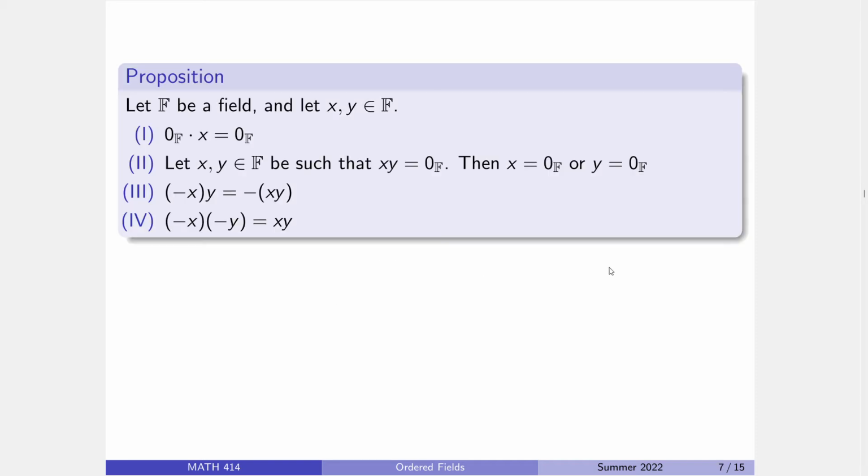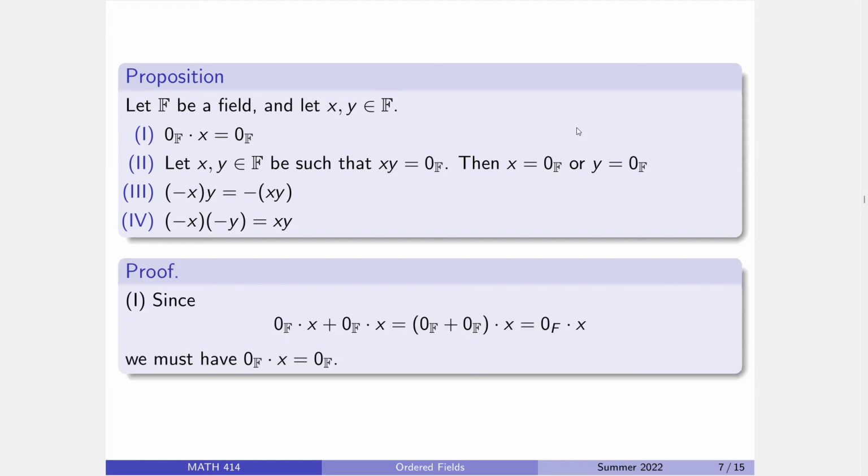Okay. So, similar to addition, there are a bunch of multiplicative facts that are true, but for our purposes, let's just prove a few, just to get a good feel for how this stuff should work. The first thing that we'll prove is that multiplying by 0 does what you think it should do, which is, it just gives you 0. Why is this true? It follows from distributivity, because if I look at 0 times x plus 0 times x, I can factor out the x here by distributivity.